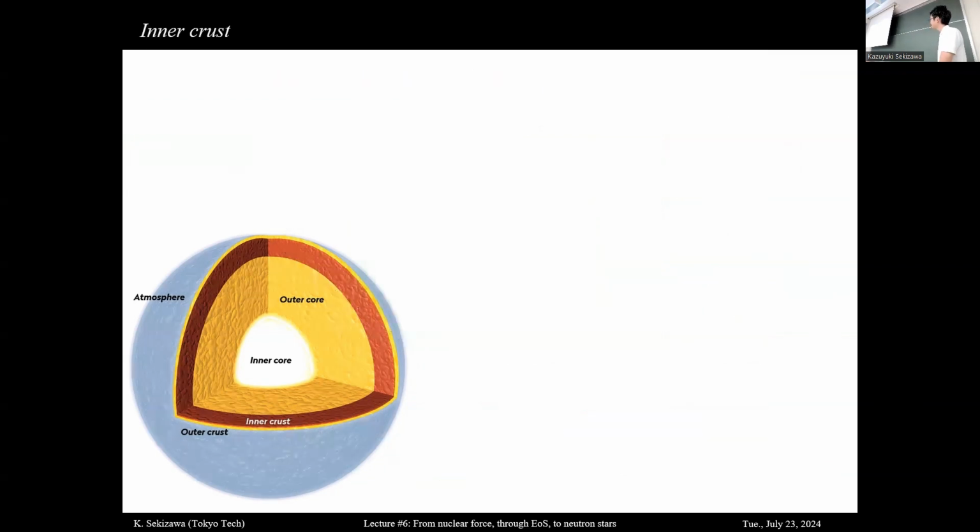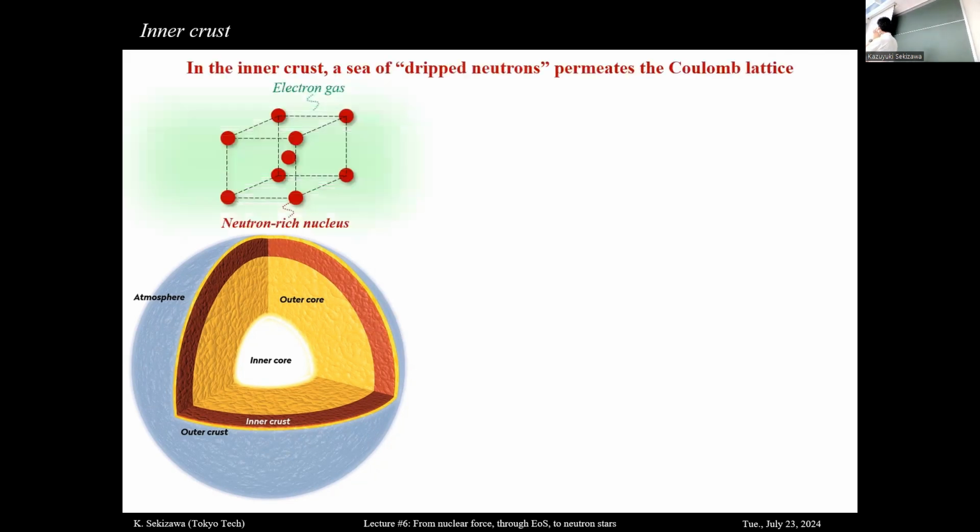Okay. So the next one is the inner crust. In the inner crust, in addition to the Coulomb lattice of nuclei and the surrounding relativistic electron gas, we have dripped neutrons.